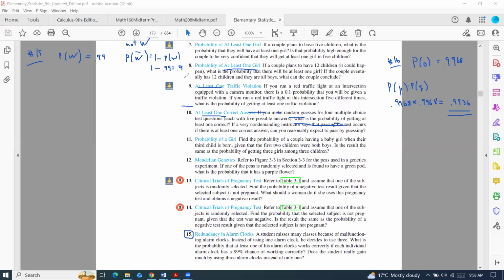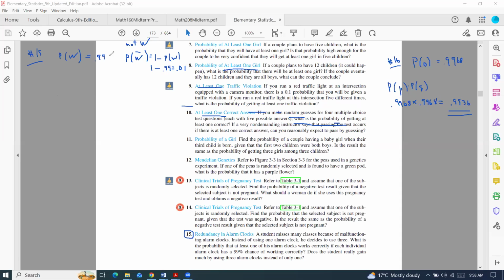Complement, right? We used to call it the complement in statistics. Maybe I better write it carefully. So it is actually 0.01, 1%.